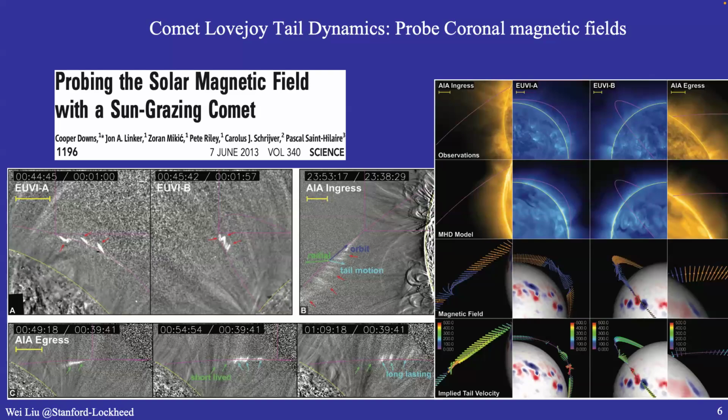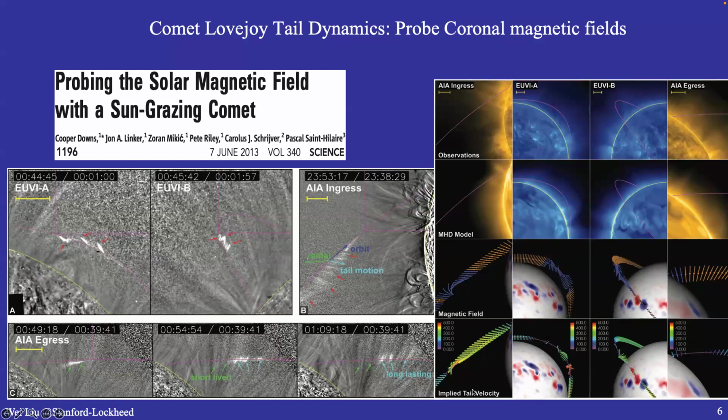Depending on where you land on the field lines, and on the trajectory of the comet, if you land on field lines going that way, the material streams in that direction. If your field lines go this way, when the particles get ionized, they stream this way. So that's why you see some tail material bifurcating from the trajectory, as Cooper showed in this modeling.